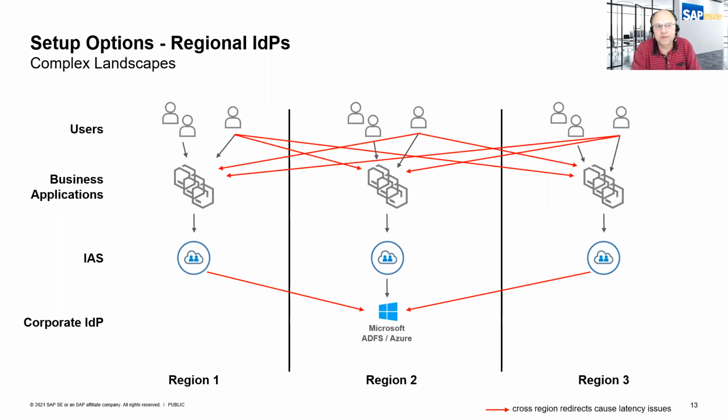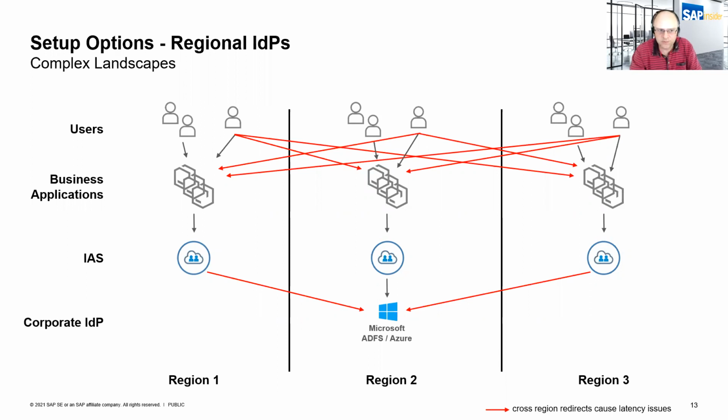And here a very interesting question is: when a company has established a system landscape around the globe, and this is something that I've seen as quite common, that a 3-region setup is established with business applications where most of the users are working in local business applications limited to the region, whereas there are people working in central functions that have to access the various business applications also in other regions.